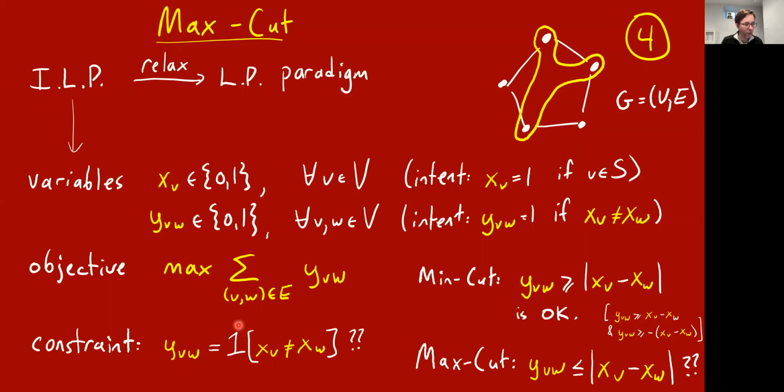There's a question. The question is, is it known whether we can express y_vw equals the indicator that x_v not equal to x_w through a set of linear constraints, say by defining a few more variables? Short answer is no. You might say, oh yeah, maybe I'll try to play around, I'll try to add a few more variables, and I'll exactly encapsulate this.